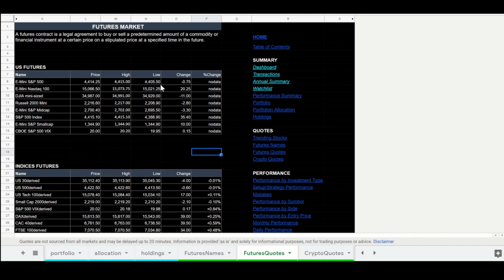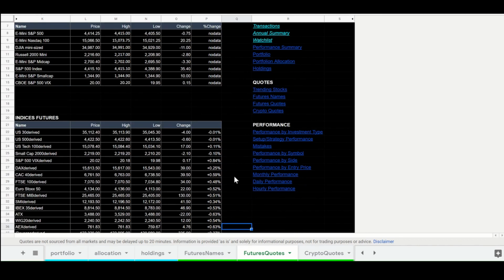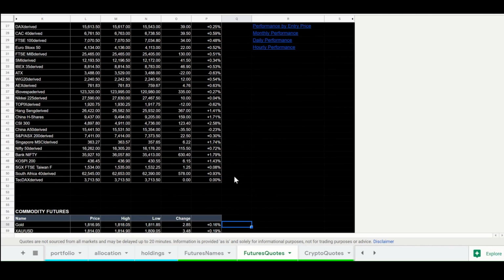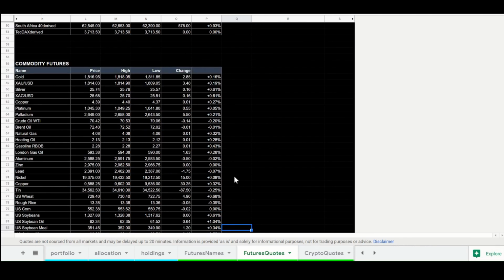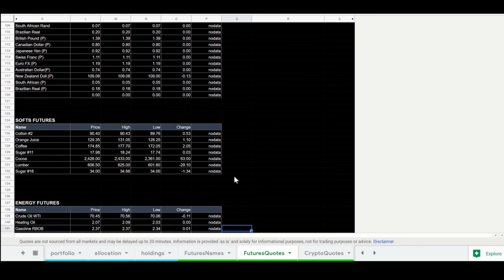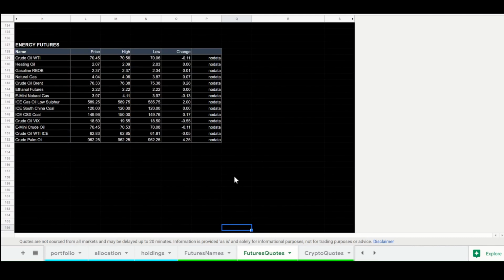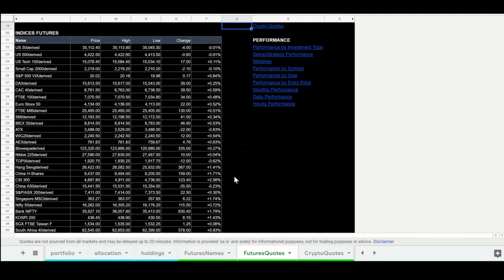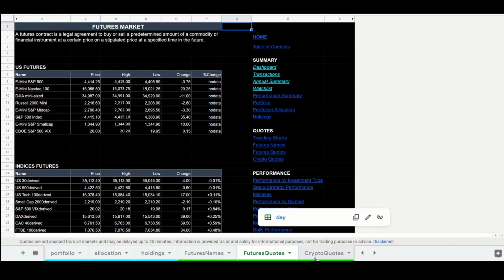You see the price, high, low, and the change. The indices futures, it shows that in here as well. Commodities, forex, softs futures, energy, and so on. So it shows all that information here for the quotes.